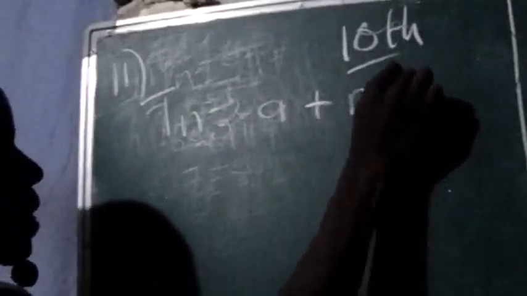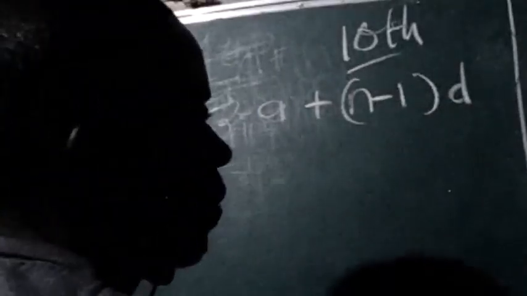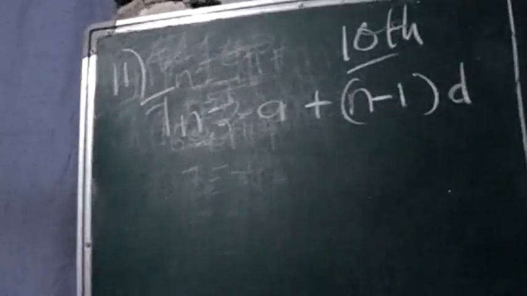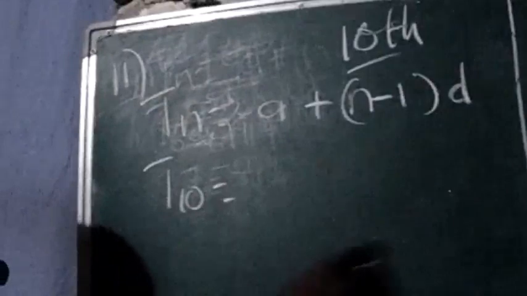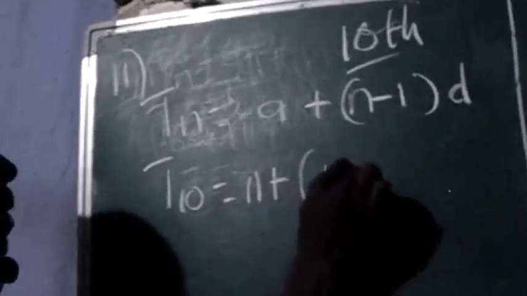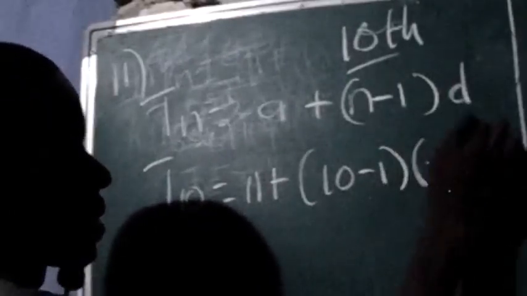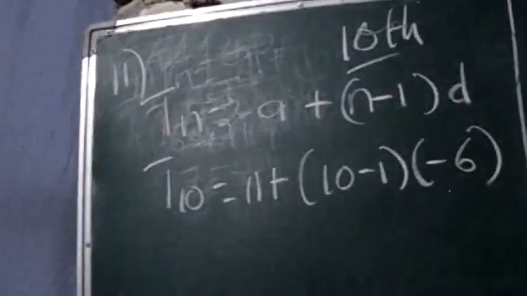So Tn is equal to A plus n minus 1 times D. Our number of terms has now changed to 10, so wherever there is n, you put 10. So T10 will be equal to, our first term is still 11 plus 10 minus 1 times negative 6, which is again our common difference.